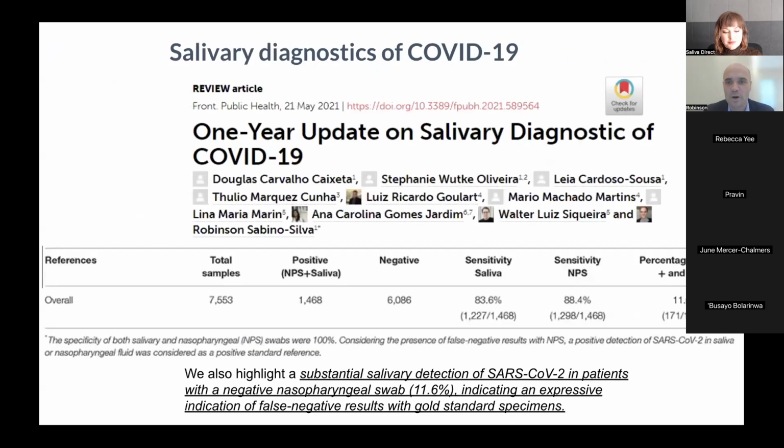Next one, please. And after 1 year of pandemic, we performed a review, and in that review we found substantial salivary detection of SARS-CoV-2 in patients with a negative nasopharyngeal swab, around 12%, indicating an expressive indication of false negative results compared with the gold standard.